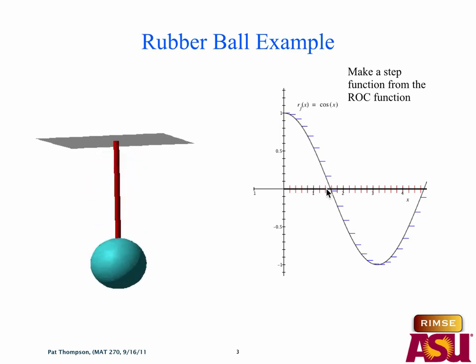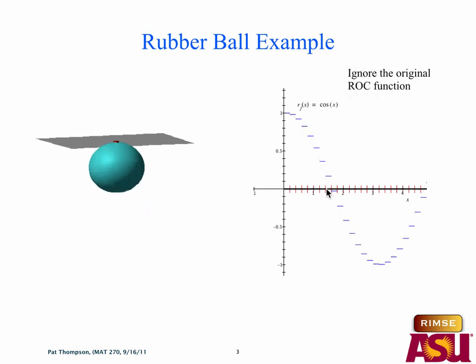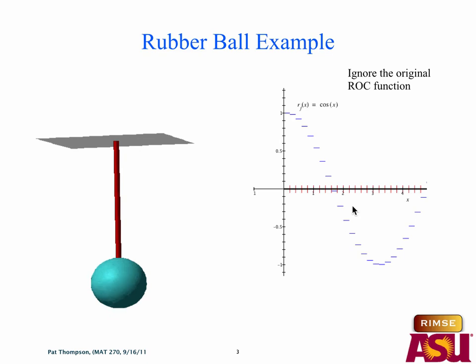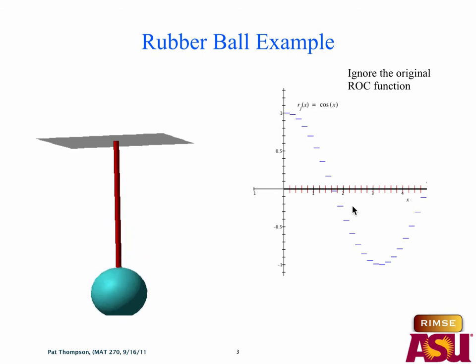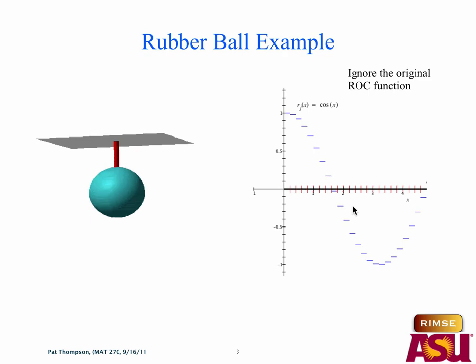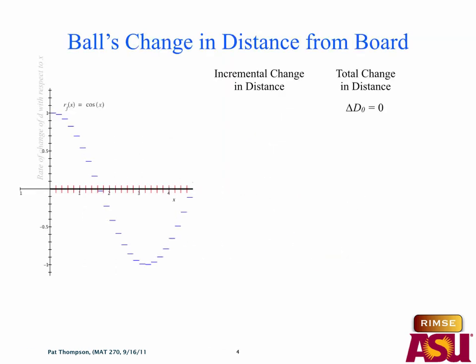Let's forget about the original rate of change function for now. Now I've got a step function, a piecewise constant rate of change function. This is beautiful because now I can talk about little bits of accumulation, little bits of distance. At the very beginning of this animation, the ball is standing still, so it's traveled nowhere. Nothing has happened.